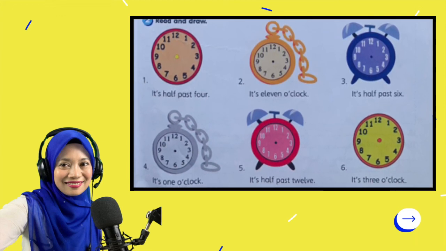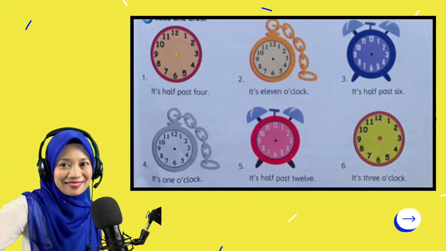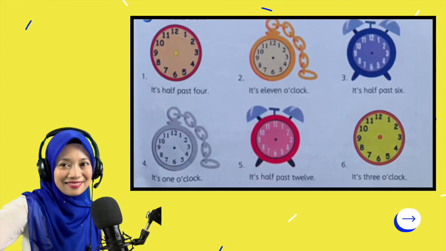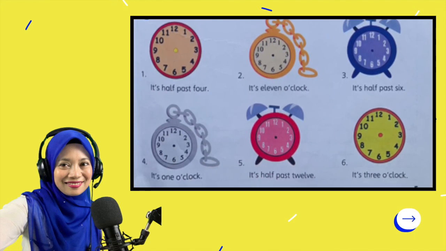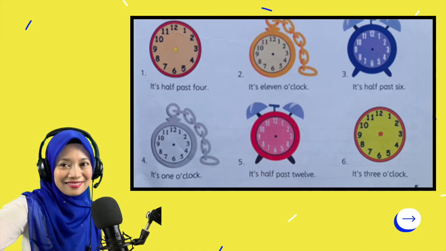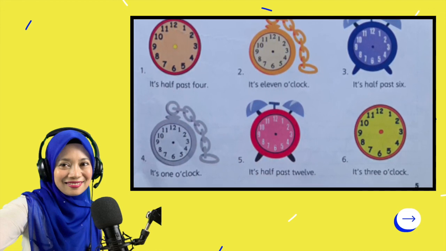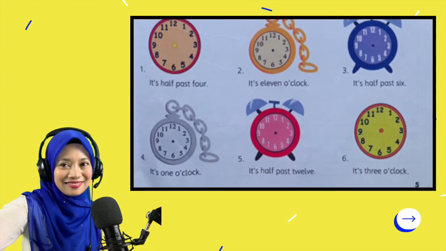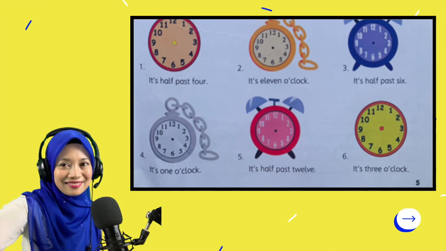Okay, example for number 1. It's 4:30. Okay, now you can use your ruler. Draw the long hand to number 6 and draw the short hand between 4 and 5.